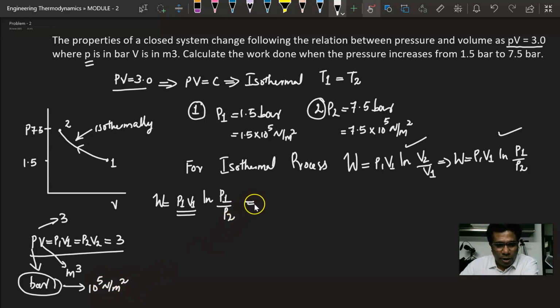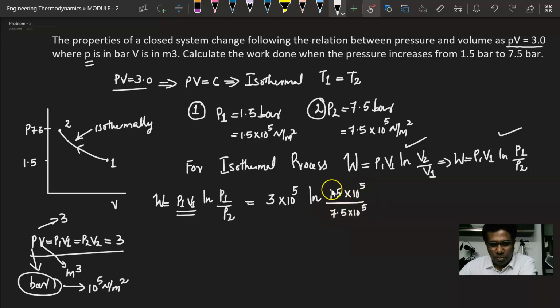So this will become P1 V1. I will substitute it with 3 into 10 raised to 5 so that I convert this bar into Newton per meter square. This into ln P1 by P2, say 1.5 into 10 raised to 5 divided by 7.5 into 10 raised to 5.